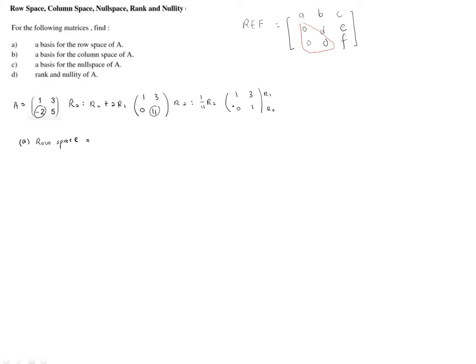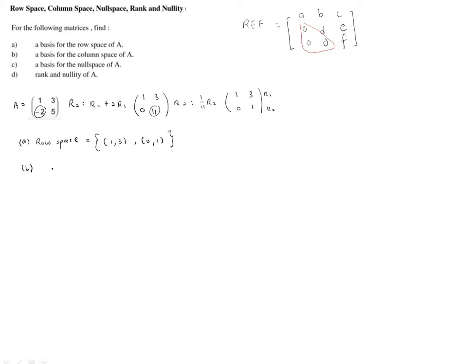Okay, look at the leading one for each row. First row kat sini ada leading one, ada 1. Second row pun ada 1. So our row space is row 1 and also row 2. Okay, sebab dua-dua row pun ada 1.